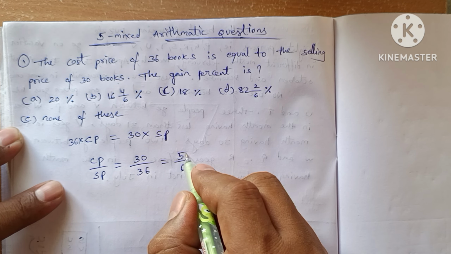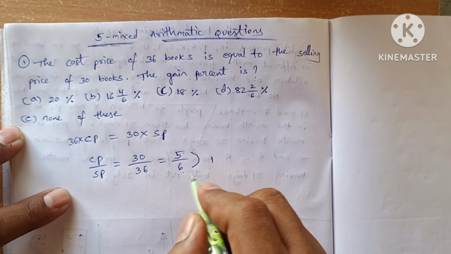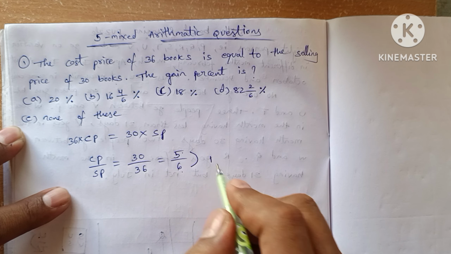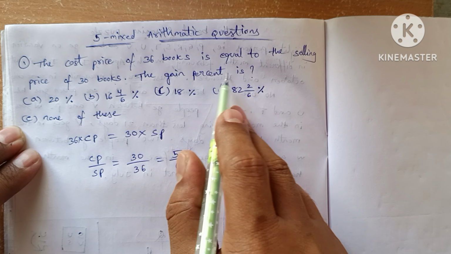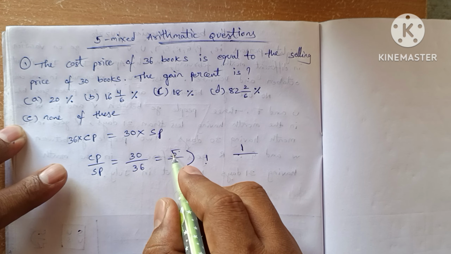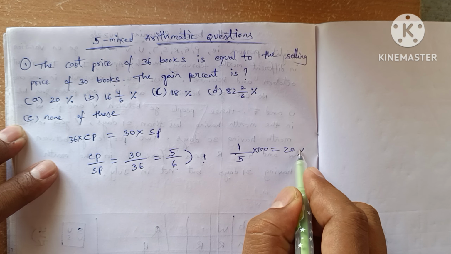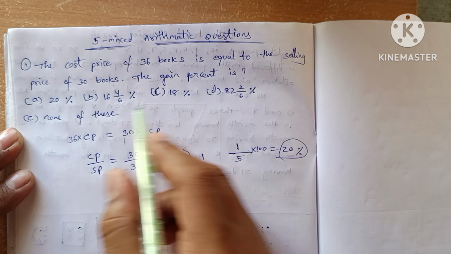So cost price is 5, selling price is 6 rupees. So the profit is 1 rupee. What is the question? The gain percentage. What he gained is 1 out of cost price 5 into 100, which will be 20%. So our answer will be 20%, which is option A.